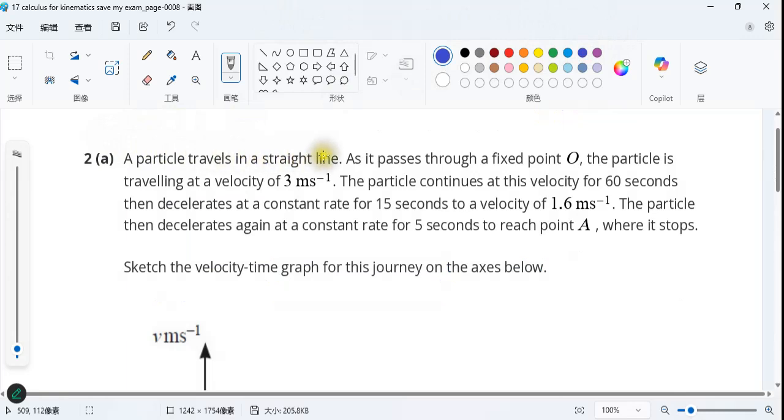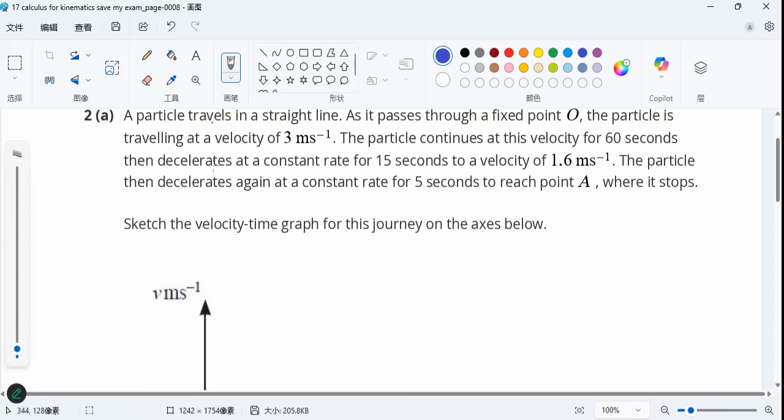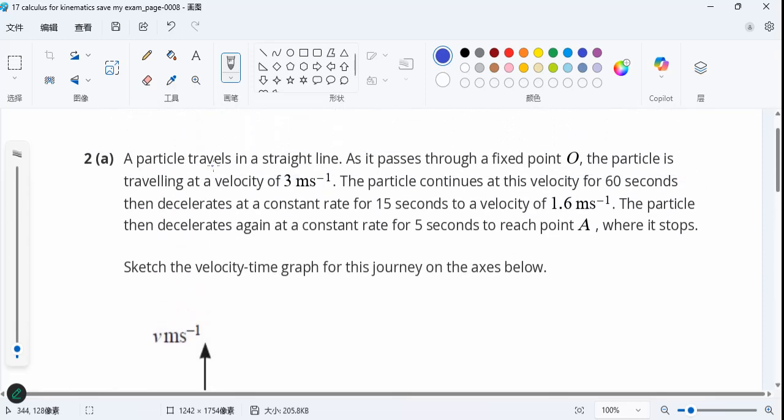A particle travels in a straight line as it passes through a fixed point O. The velocity is 3. So when t equal to 0, v equal to 3.